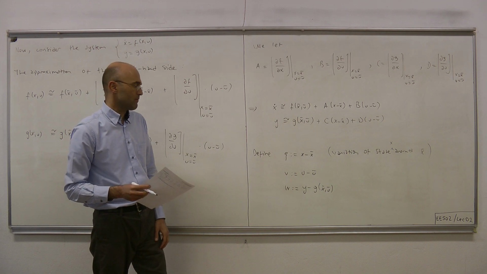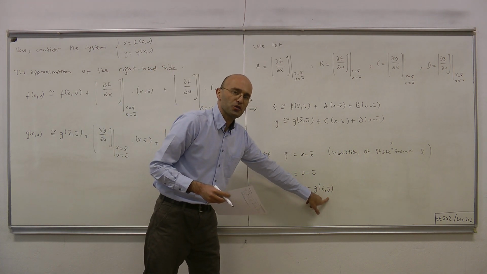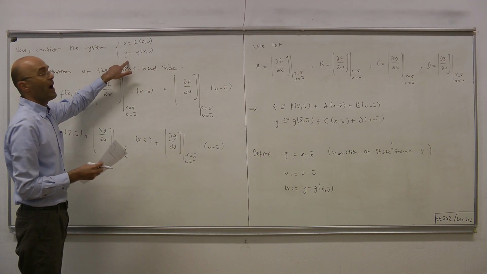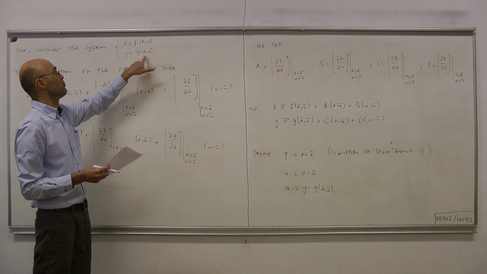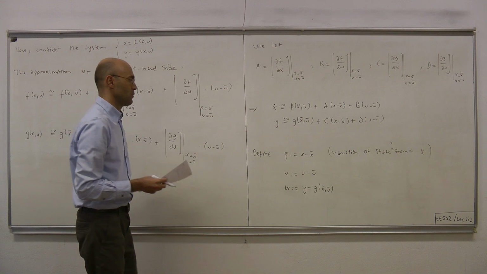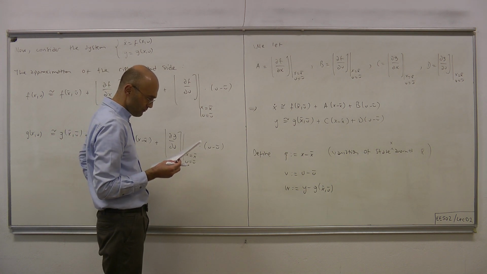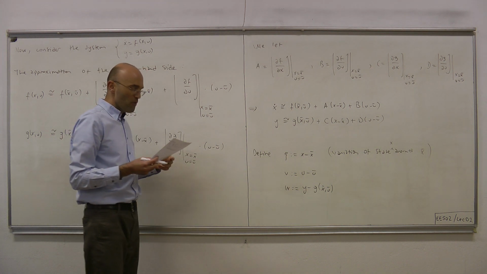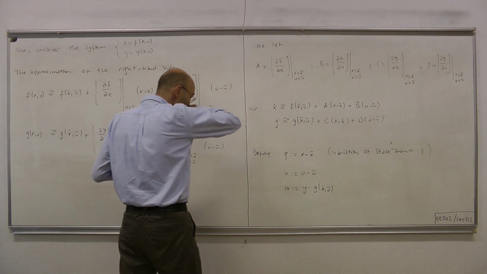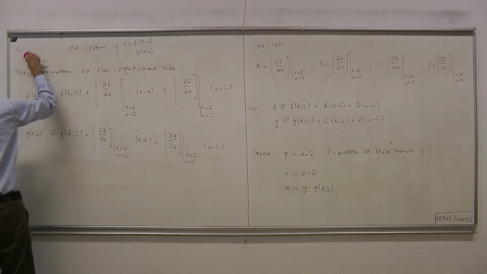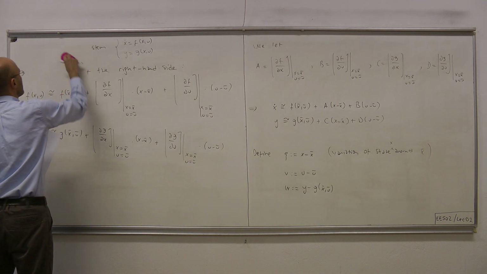Well, this thing you can also call y bar, because y bar is what you obtain when you plug x bar and u bar into the function that generates y. Now with our new notation, let's rewrite certain equations.